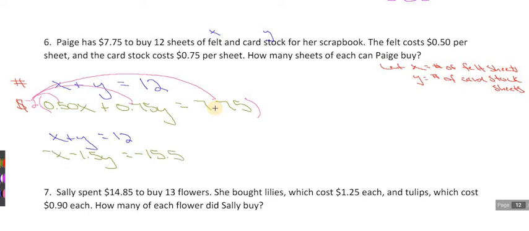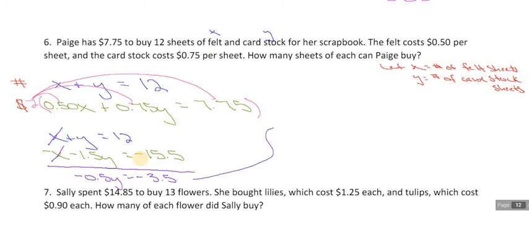Now I'm all set up where I do have opposites and I can eliminate my x's. So now I've got 1y minus 1.5y, which gives me negative 0.5y, equals 12 minus 15.5, which gives us negative 3.5.